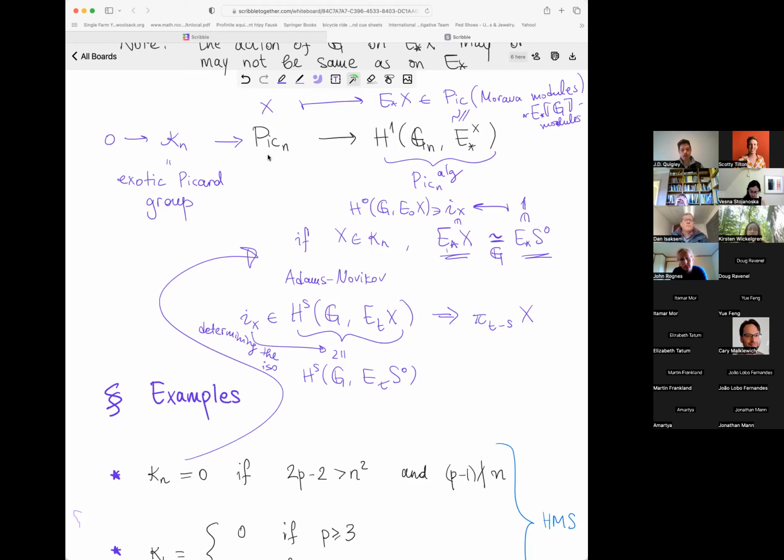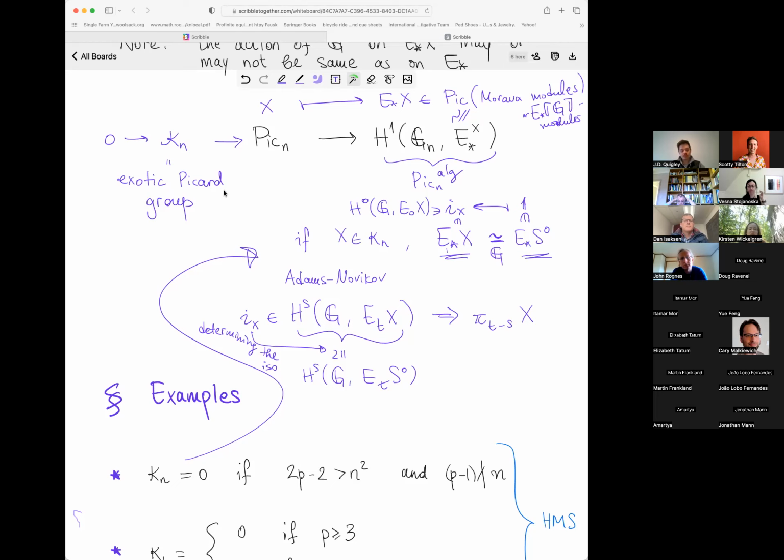In fact, giving this isomorphism is equivalent to giving a suitable fundamental class iota X with properties of this sort.